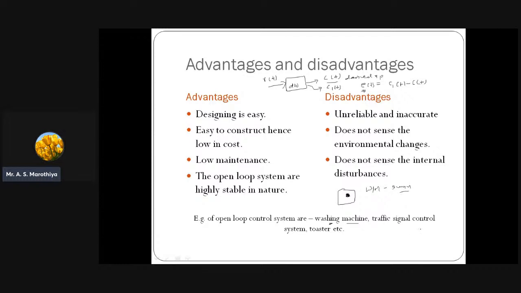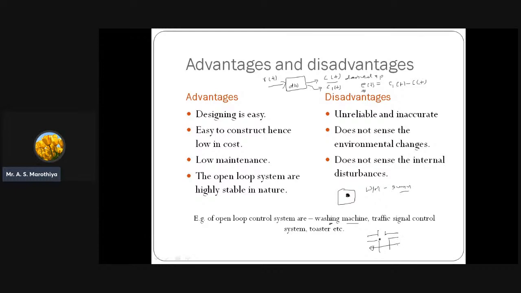In the same way, we can treat the traffic signal as an open loop control system. Why? Suppose here we have a traffic signal structure like this, and there is a flow of traffic from this point to this point based on the signal. After every 60 seconds, or 1 minute delay, the switching pulses are set.